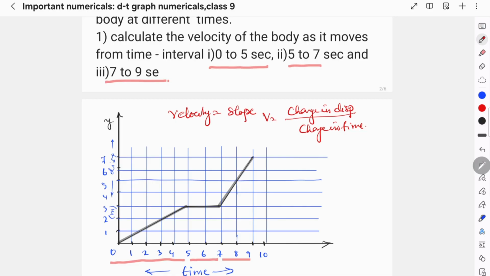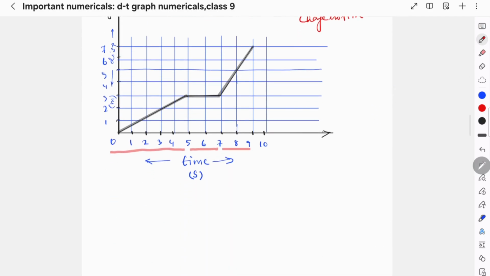So now let's see from 0 to 5 seconds. So what is the change in displacement?